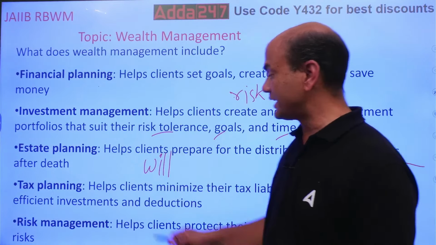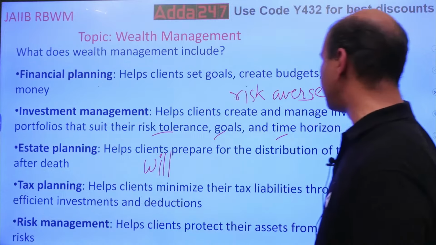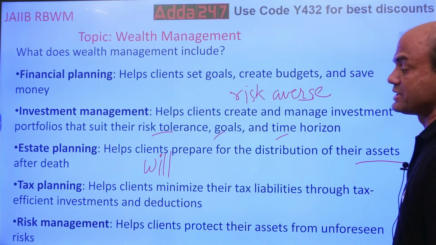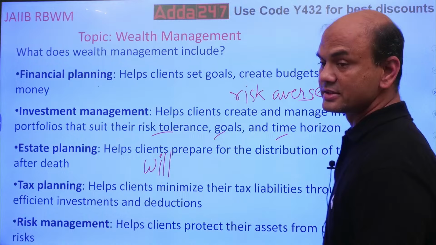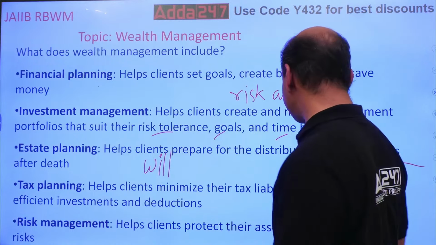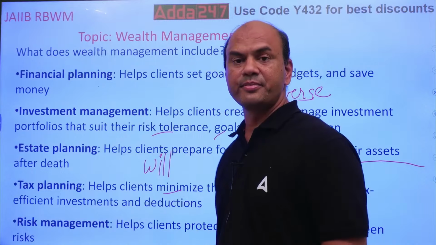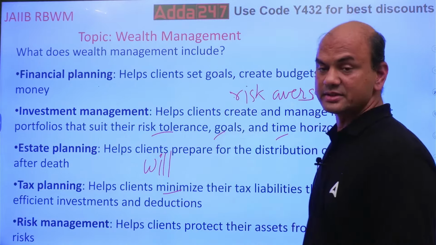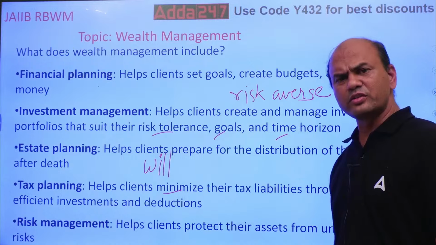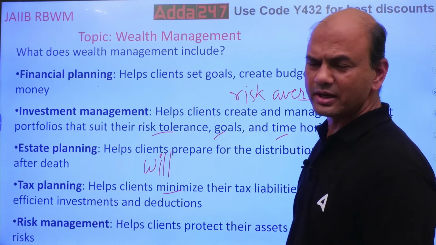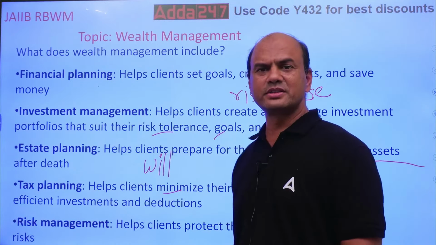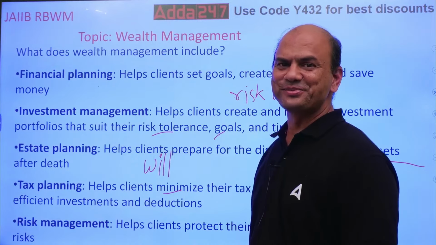Okay? Tax planning helps the clients minimize their tax liabilities through tax efficient investments and deductions. There is always a fight going on between the government and the investors, right? Why?